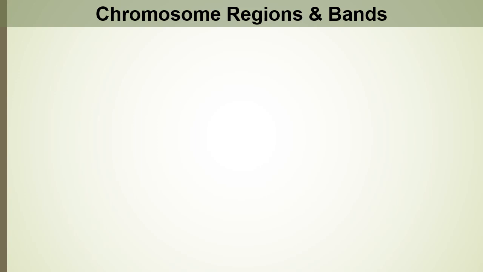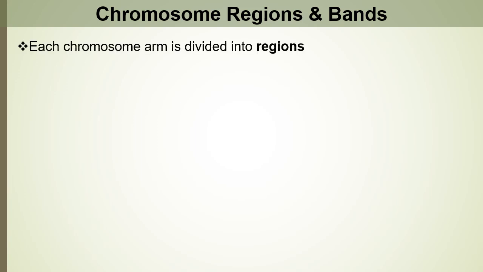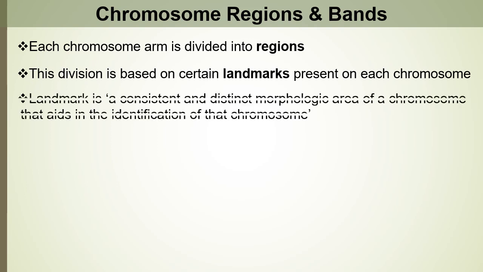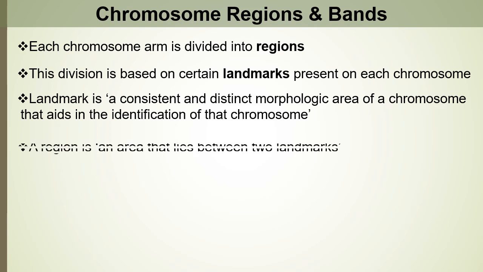Now, let us see what are chromosome regions and bands in a properly stained chromosome. Each chromosome arm is divided into regions. This division is based on certain landmarks present on each chromosome. A landmark is a consistent and distinct morphologic area of a chromosome that aids in the identification of that chromosome.